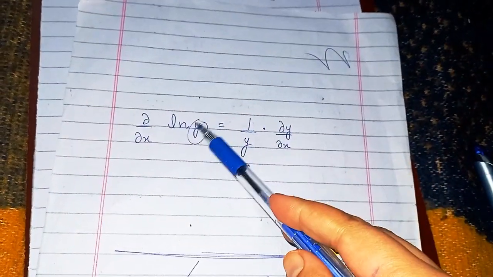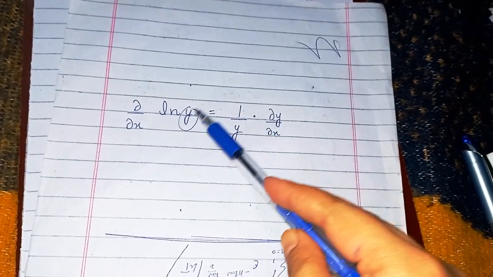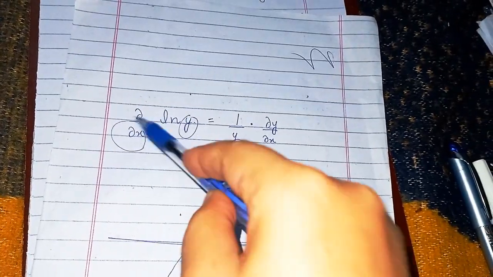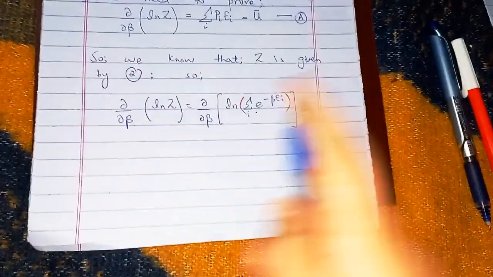What you do is take the reciprocal of the term inside the natural log, dot the derivative of this inside term with respect to this variable. So that's how we are going to do here as well.